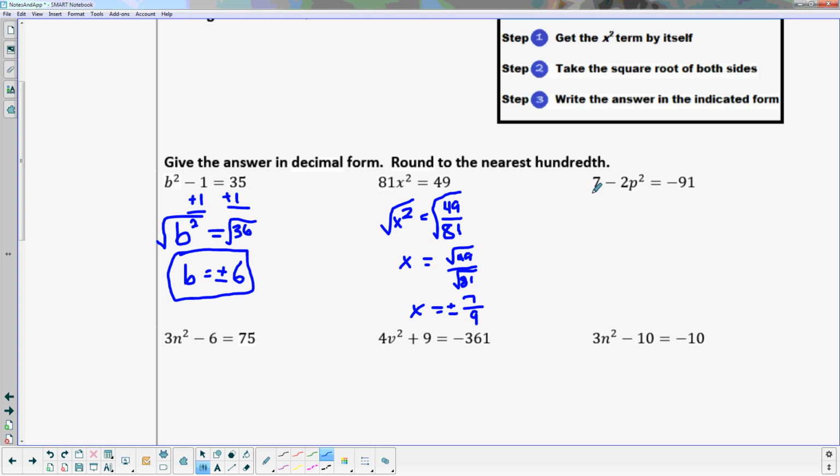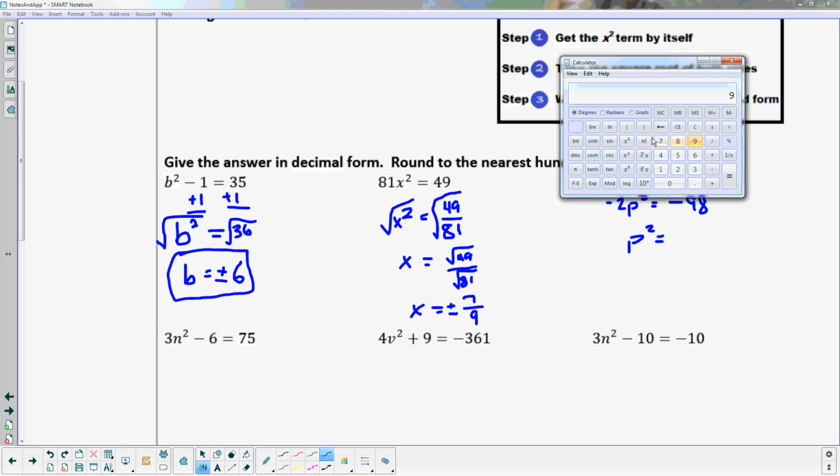Okay, next one, I'll subtract 7 on both sides. Negative 91 minus 7 is going to be negative 98. And I want to divide by negative 2, so I'm getting p squared by itself.